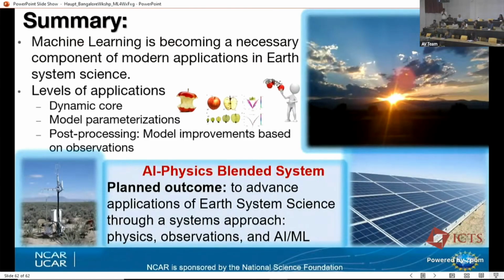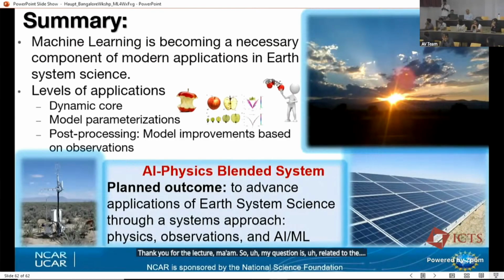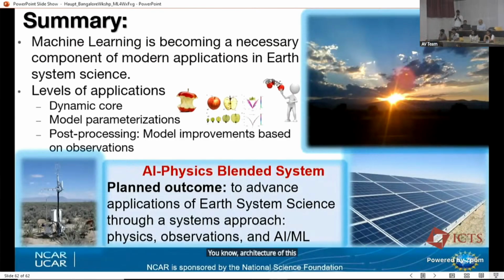Thank you for the lecture, ma'am. My question is related to the architecture of this. I understand these are mostly post-processing of the physical models. Was there any physics informed or enforced while post-processing this in the AI architecture?